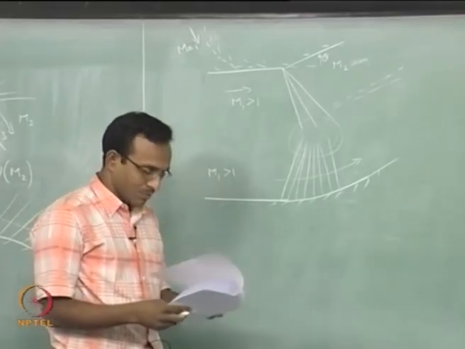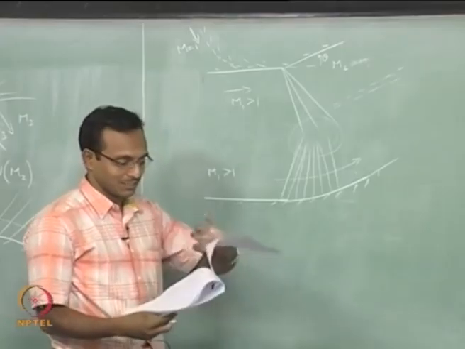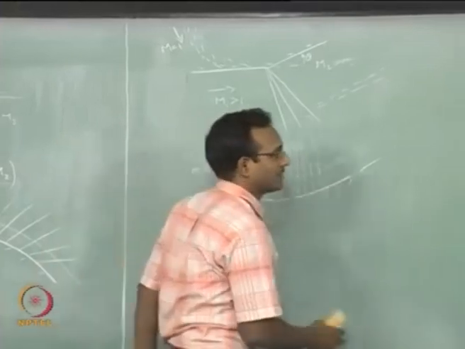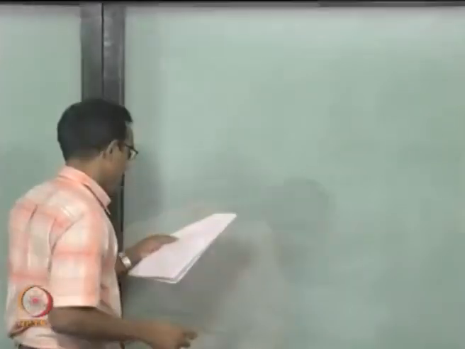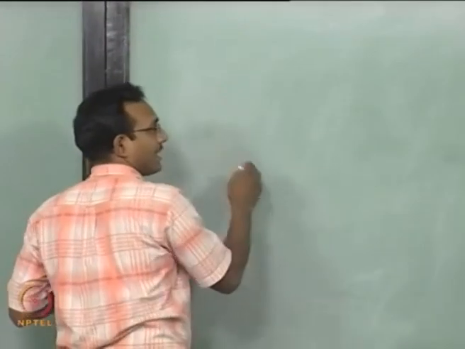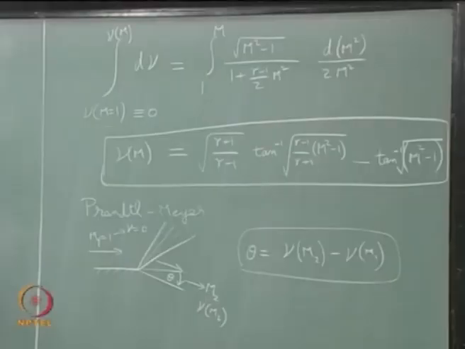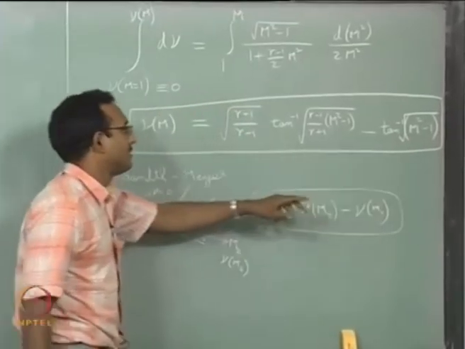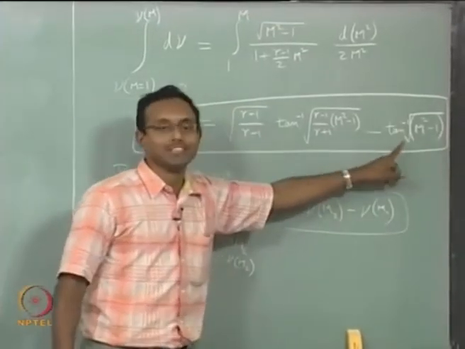Now just to have a feel for these numbers, I will tell you the limits for these numbers. We just have a few minutes more. So I have the expression here. If I set my Mach number tends to infinity, then I can easily tell this term is very easy to work with.